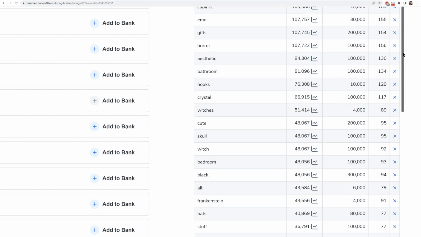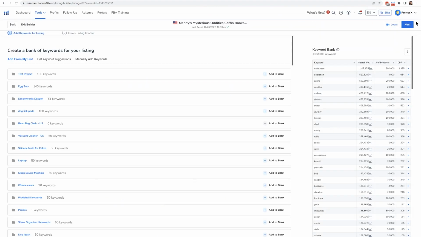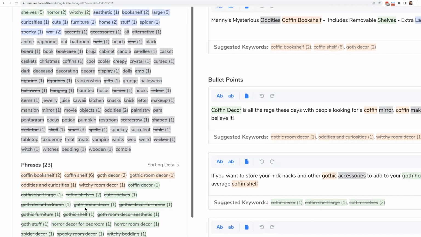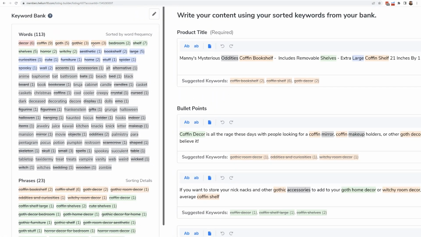So once I do that, the cool thing is that Helium 10 is going to separate my phrases from my individual keywords. And if I already had a listing, now I could see, once I import the listing, hey, what is missing?